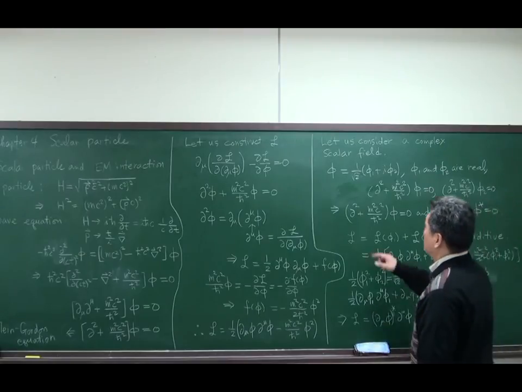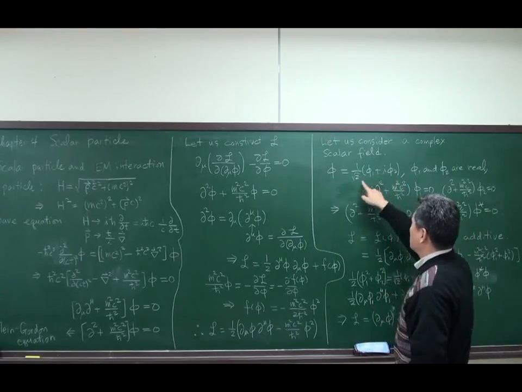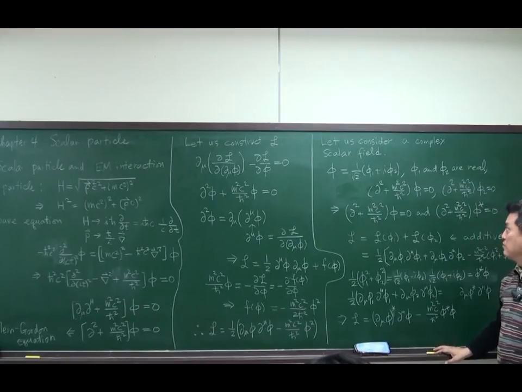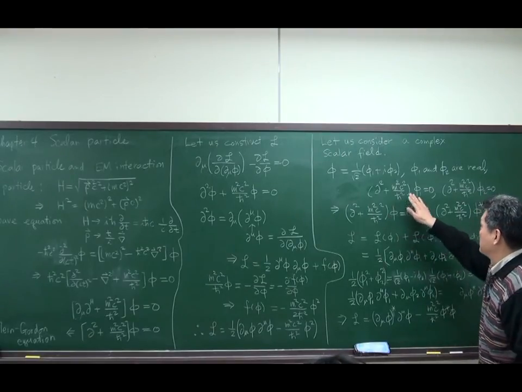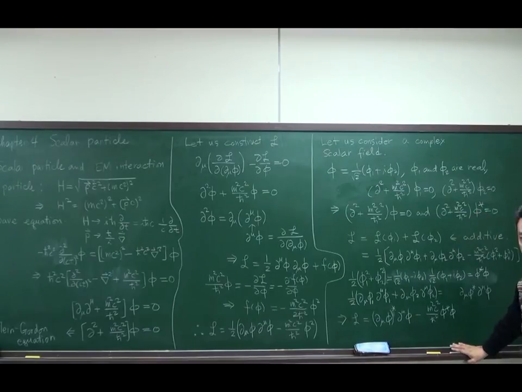So if I have two fields as a linear combination, 1 over square root of 2 times phi 1 plus i phi 2, and phi 1 and phi 2 are both real, and both are satisfying the same Klein-Gordon equation with the same mass m.